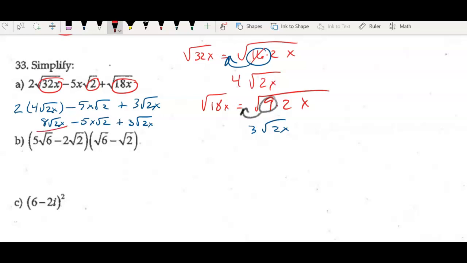The only ones you can bring together are those radical 2x's. You have 3 of them here, 8 of them over there. That's going to give me 11 radical 2x plus 5x radical 2, and that's how you have to write your answer. Minus. Sorry, forgot that was a minus sign. Minus 5x radical 2.